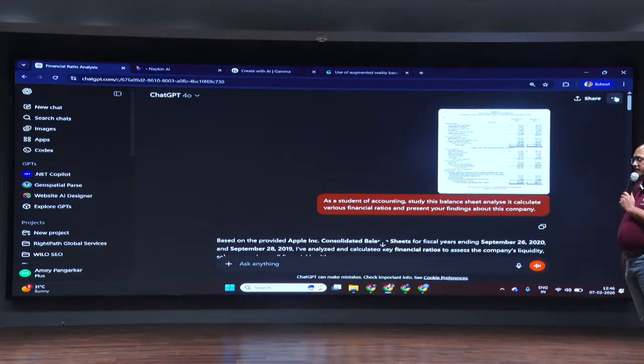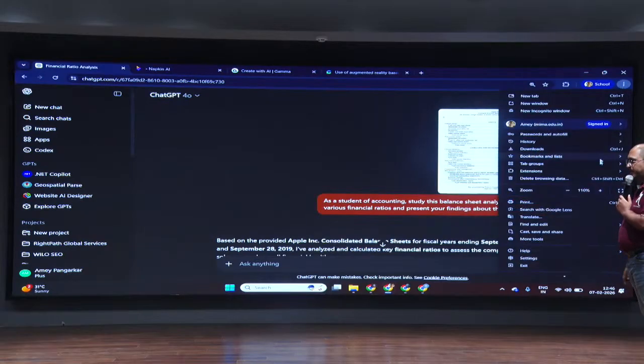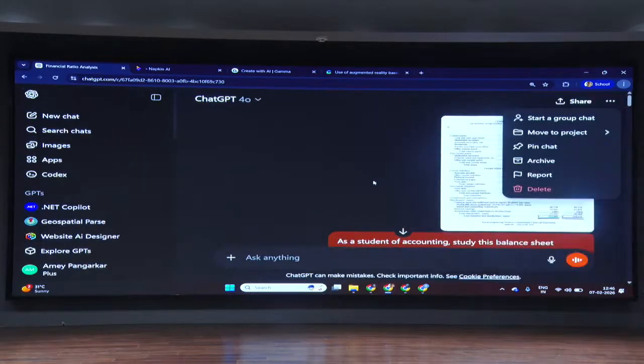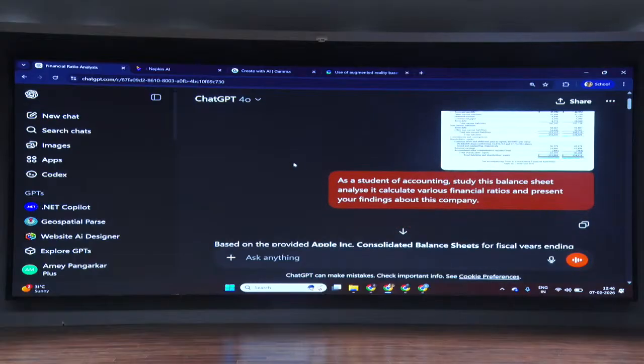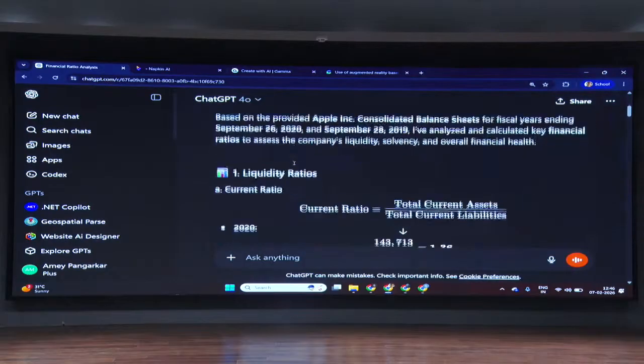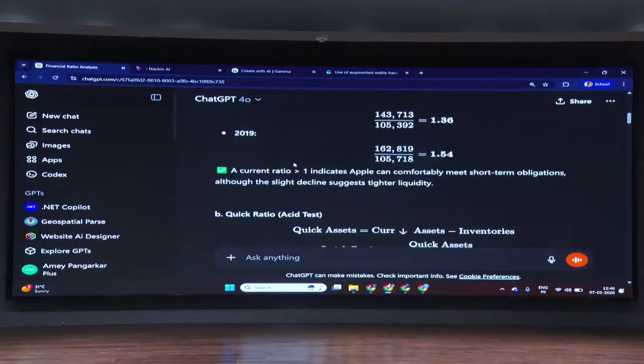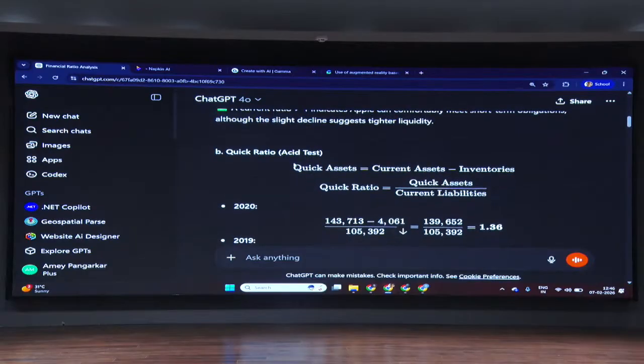My first question to ChatGPT is: as a student of accounting, study this balance sheet, analyze it, calculate various financial ratios, and present your findings about this company. Typical, normal. Scroll down. It calculated liquidity ratios, quick asset test.